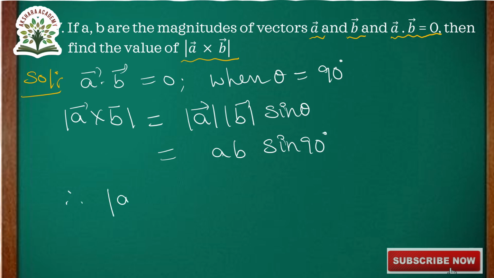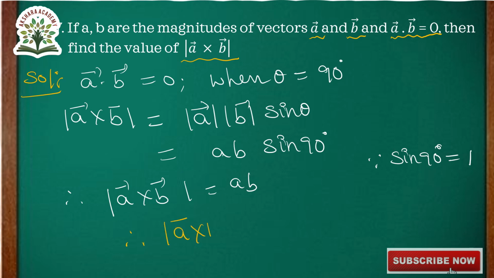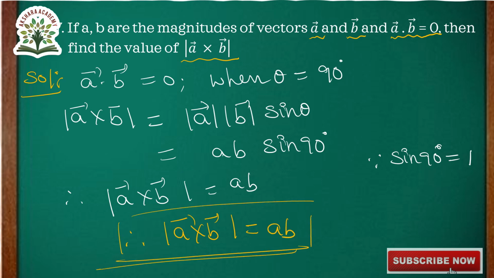Therefore, modulus of a bar cross b bar is equal to ab. So the final answer is modulus of a bar cross b bar is equal to ab. Okay, next we will go to the next question.